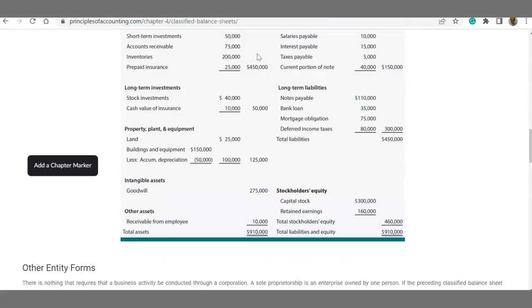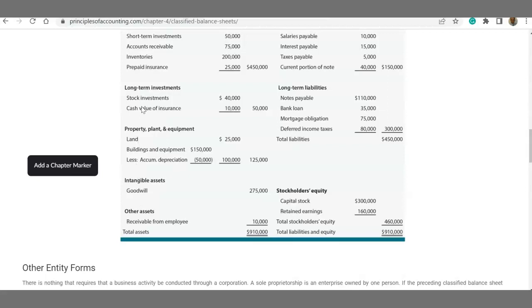From current asset all the way to the bottom, I don't care what is inside. For my ratio analysis, what is in between doesn't matter.